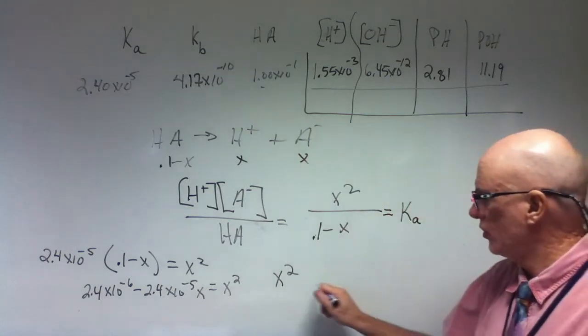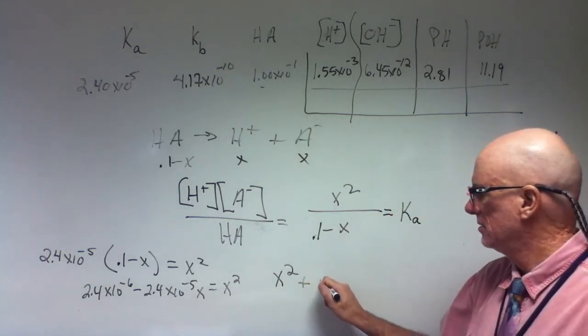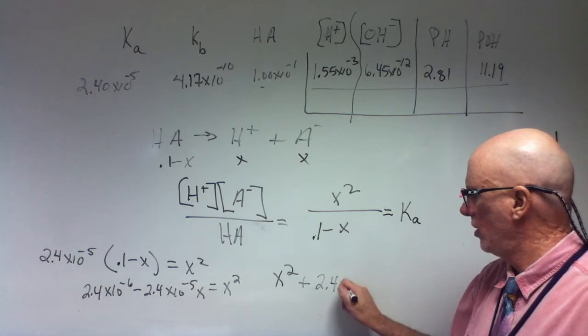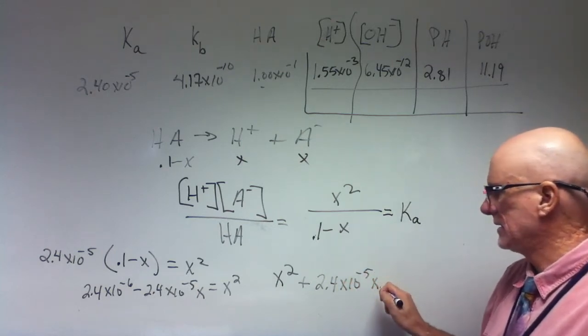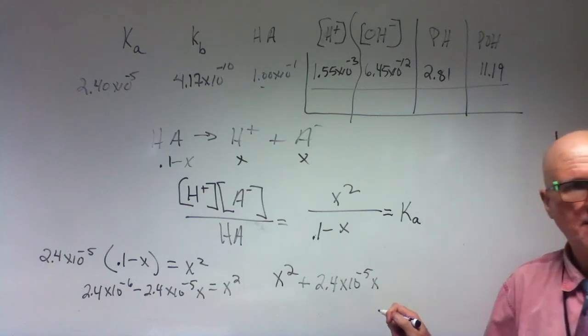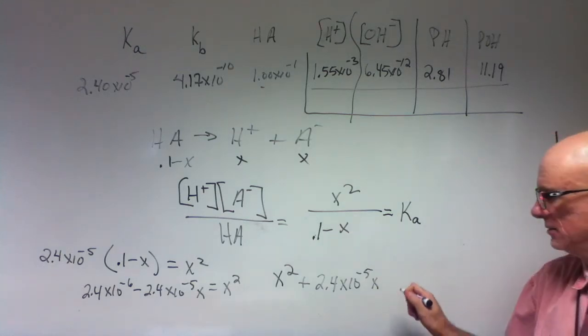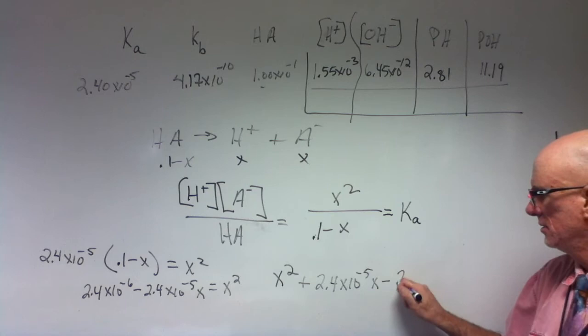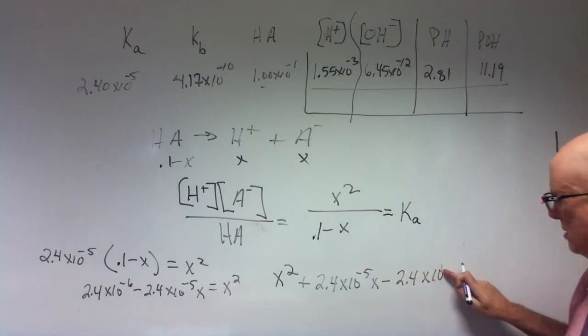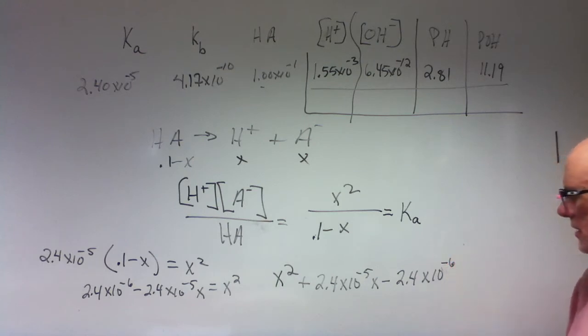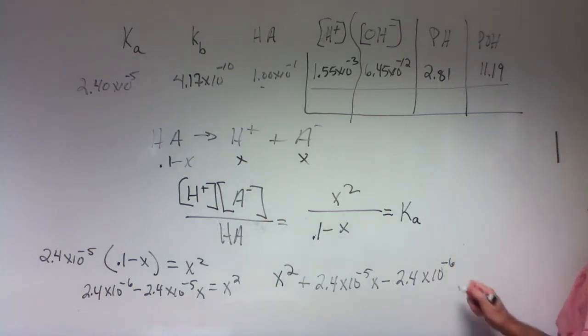So this will be plus 2.4 times 10 to the negative 5th x, right? Minus 2.4 times 10 to the negative 6. Okay? You get it? Equals 0.